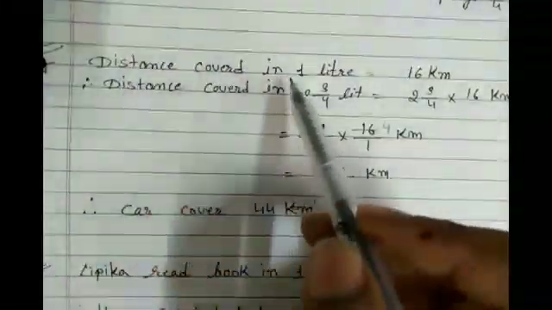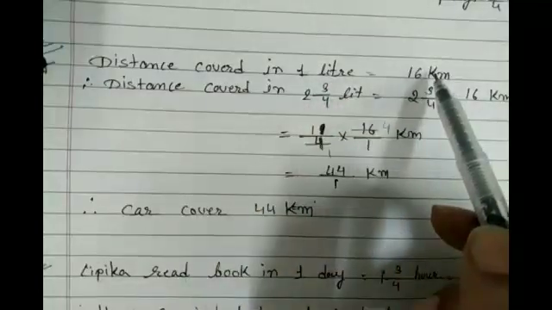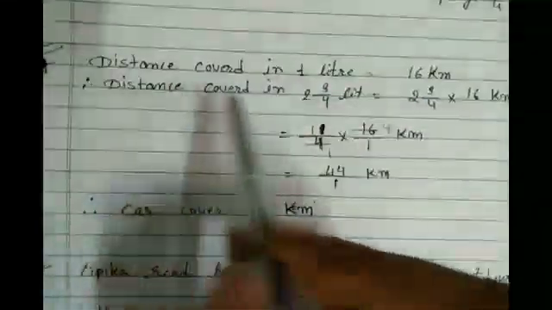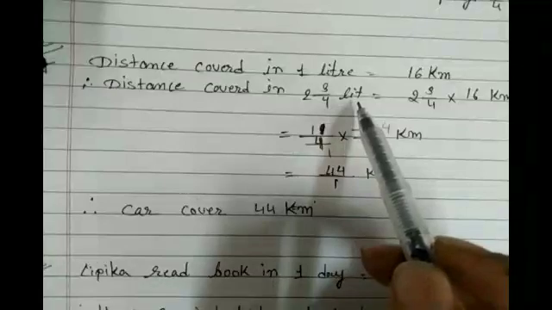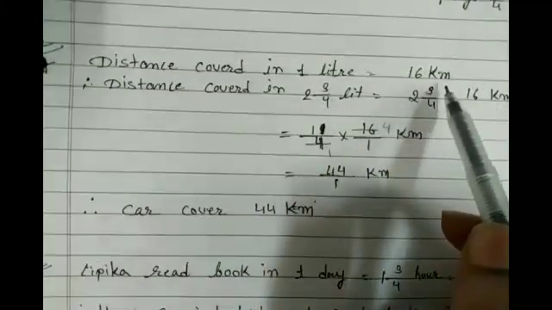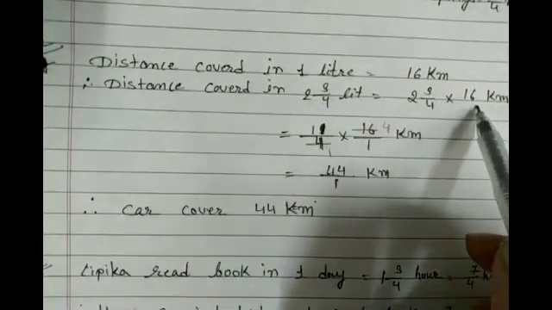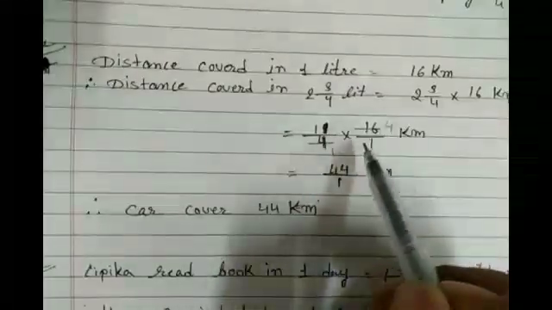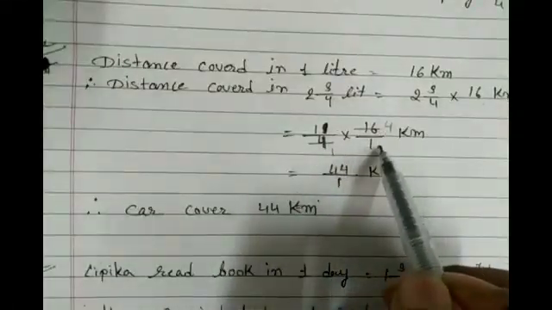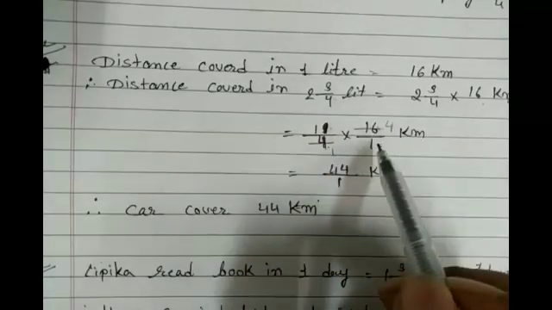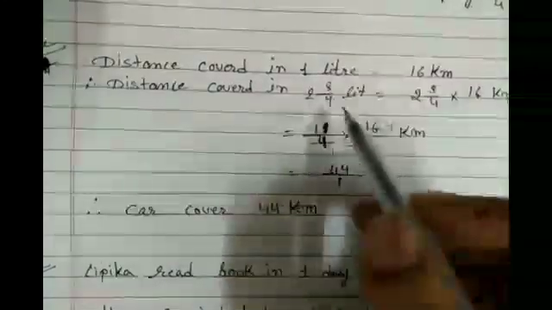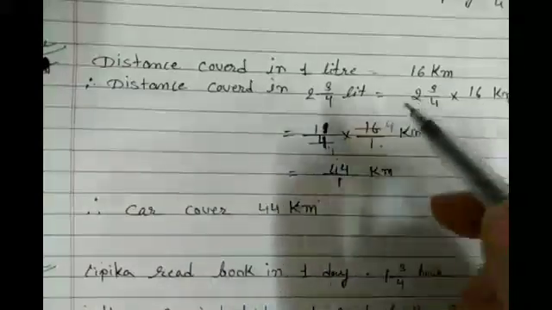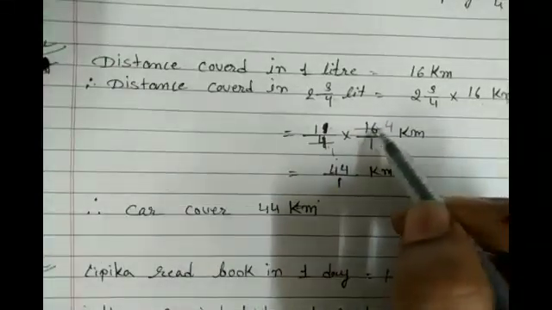The distance covered in 1 liter is equal to 16 kilometers. Therefore, the distance covered in 2 3 upon 4 liters is equal to 2 3 upon 4 multiplied with 16 kilometers. That is 11 upon 4 multiplied with 16 upon 1. Let's cut short. 4 ones are 4.